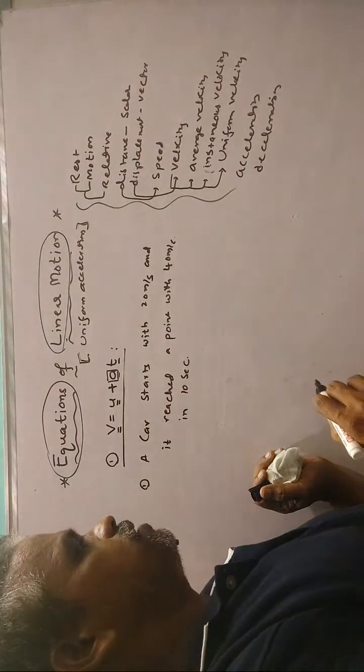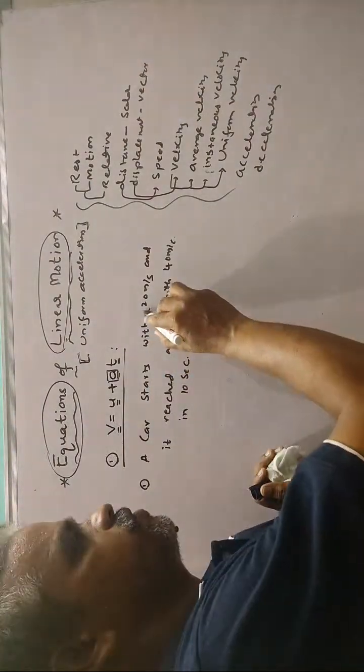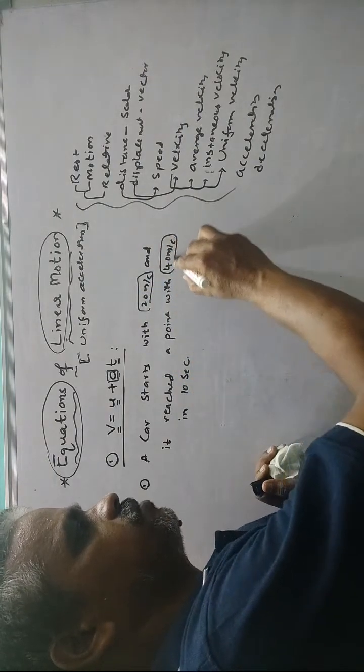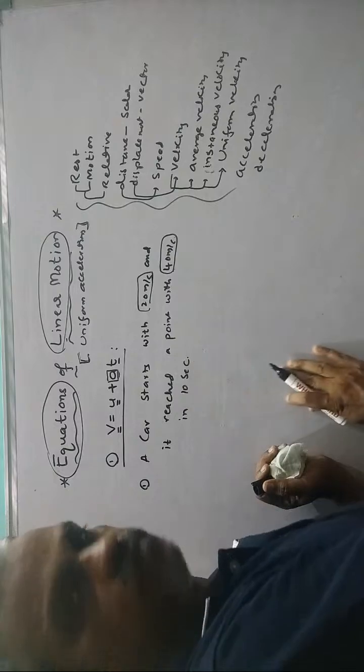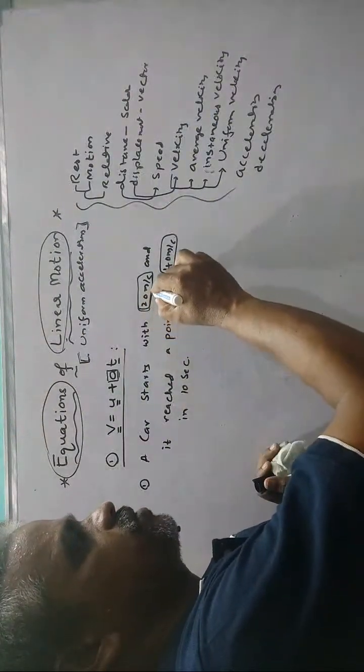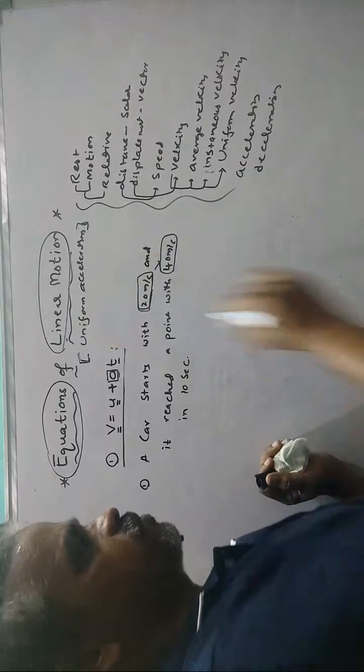See, what is my question? A car starts with 20 meter per second and reached a point with 40 meter per second in 10 seconds. In 10 seconds, 20 meter per second goes to 40 meter per second.